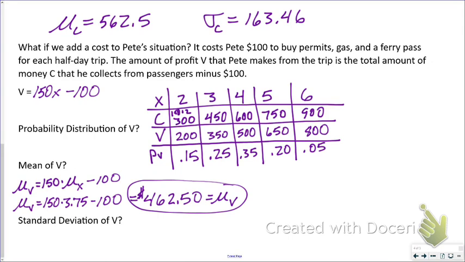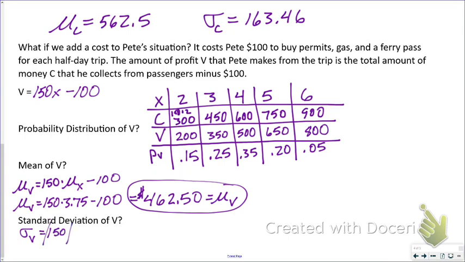Look at principle 1 on the very top first page of this handout. And it says that adding a constant or subtracting a constant does affect the center. But the mistake people make is it has no effect on spread. So for standard deviation of profit, I actually need to completely ignore the minus 100.